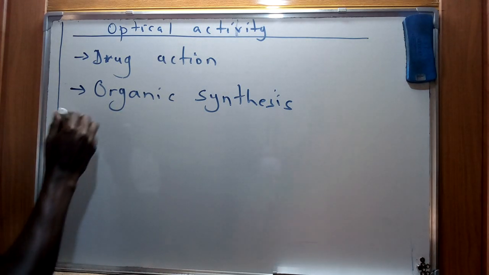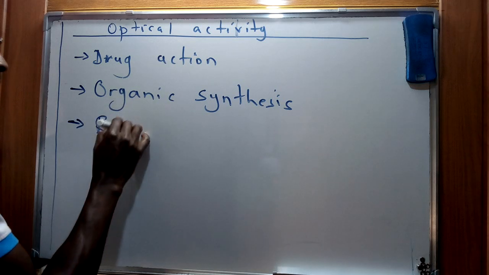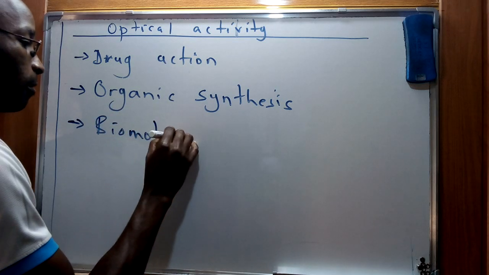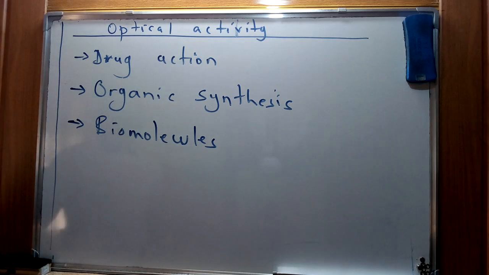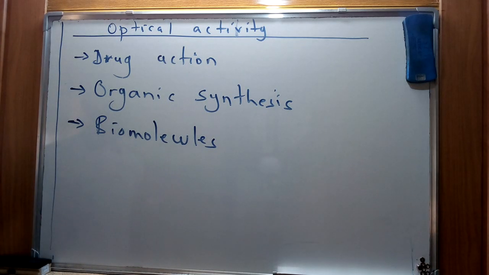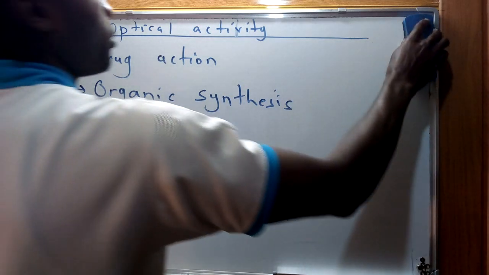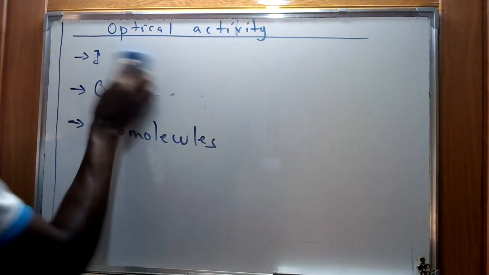And then lastly, we talked about biomolecules, where in order for us to understand the action of molecules or other biomolecules like enzymes, we have to learn the concept of stereochemistry.